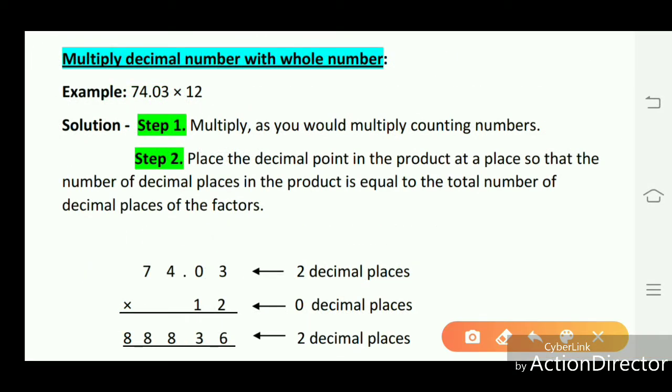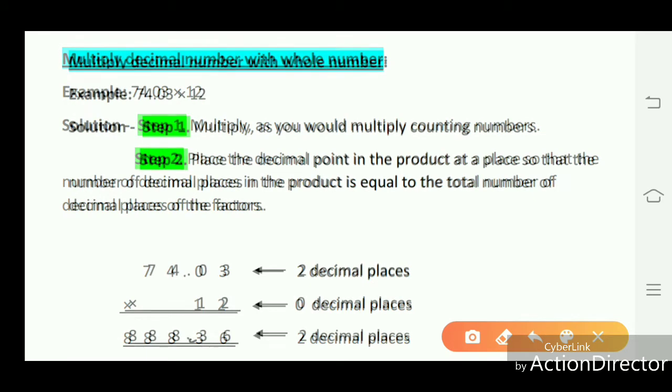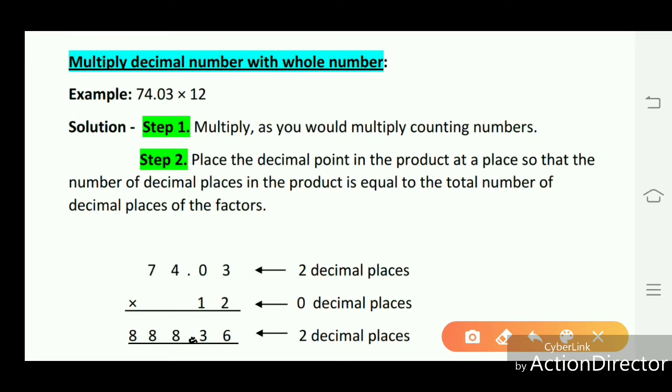So only the first number has 2 decimal places, so we put the point before 2 digits, starting from the unit place. So here 1 and 2, so we put the point before the 3. Then we read this number as 888.36.